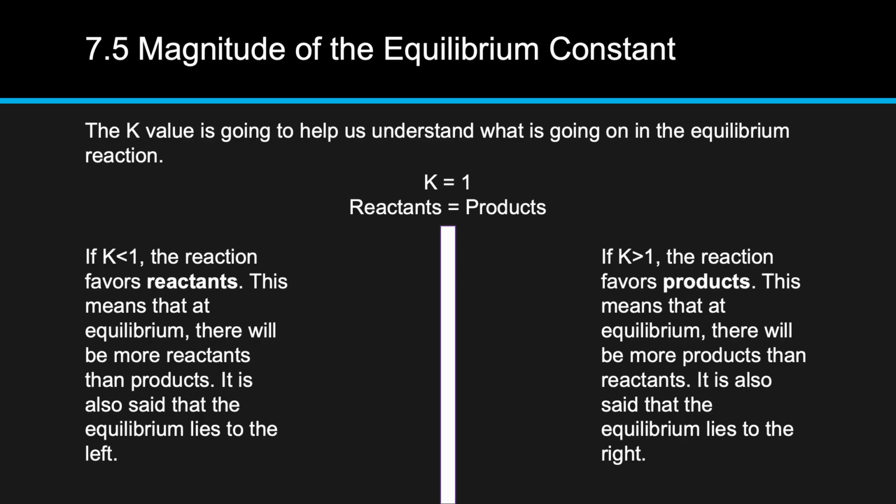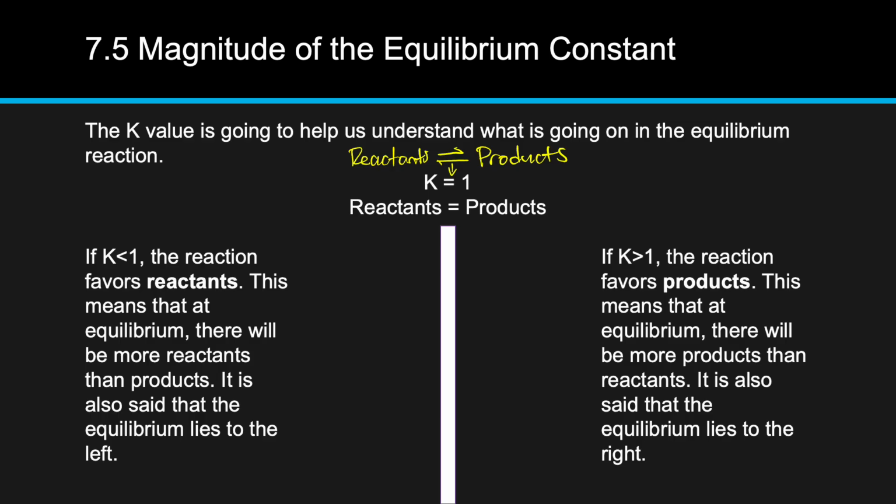So if I have my balanced chemical equation with my equilibrium sign, my reactants and my products, at the middle, or K equals 1, I am right in the middle of my amount of reactants and amount of products. So if I'm looking at a particulate diagram of the reaction at equilibrium and my constant is 1, I know I'm going to have the same number of reactant particles as product particles.